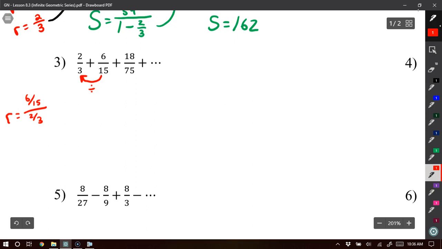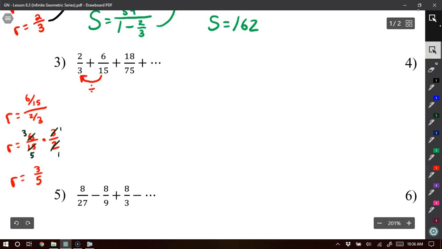Now, when you divide by a fraction, remember you flip and multiply. So that's 6 over 15 times 3 over 2. Now here, 3 goes into 3 once, it goes into 15 5 times, 2 goes into 2 once, 2 goes into 6 3 times. So my common ratio is 3/5.